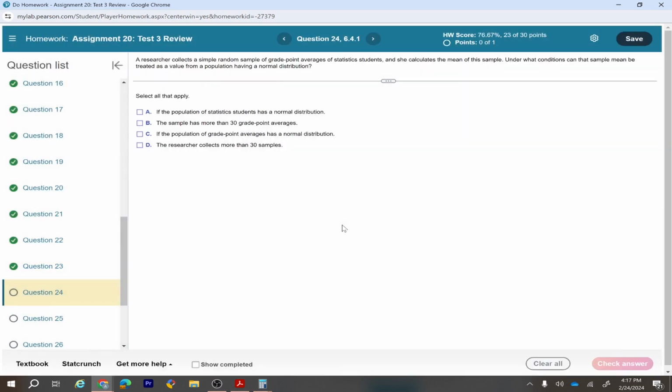A researcher collects a simple random sample of grade point averages of statistics students and she calculates the mean of this sample. Under what condition can the sample mean be treated as a value of the population?